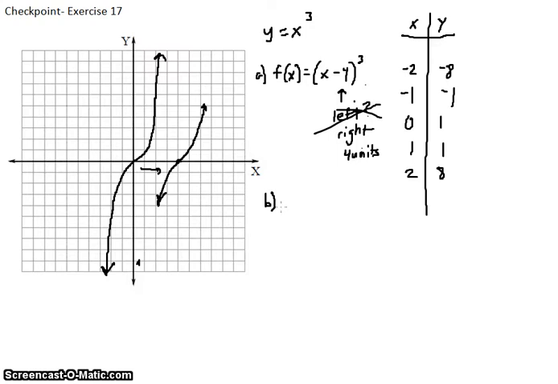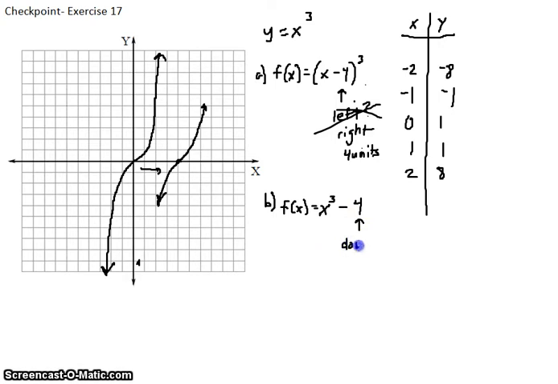Now, for letter B, it says f of x equals x cubed minus 4. Now this time we cube it and then subtract 4. So it's after you cube it that you subtract 4. So this is a change, but you're moving up or down, and up and down doesn't work backwards.